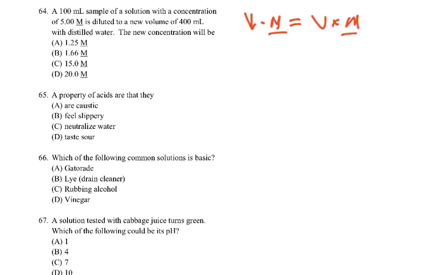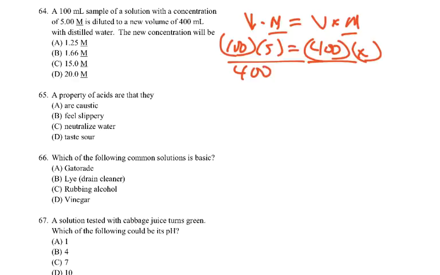So what do I have? 100 milliliters sample of 5 molar, so 100 times 5 molar is equal to 400 milliliters times X. So divide both sides by 400. And my answer is going to be 1/4 of 5, or 1.25 molar. Answer A.